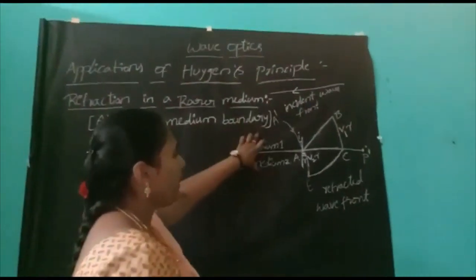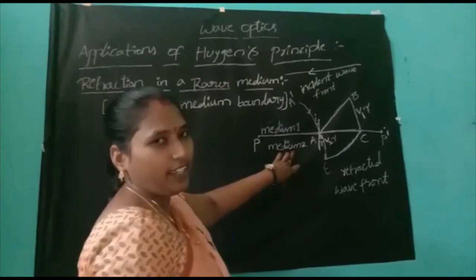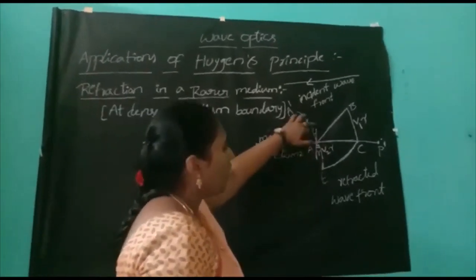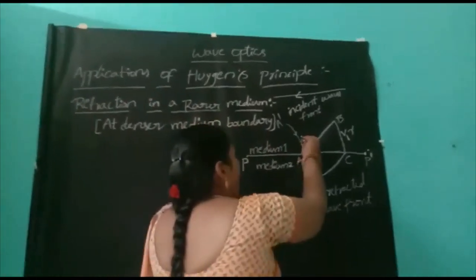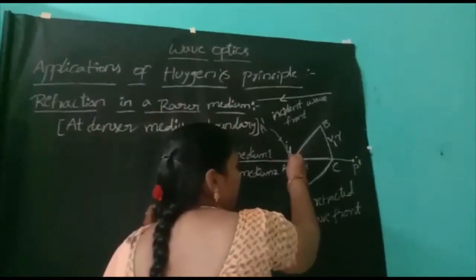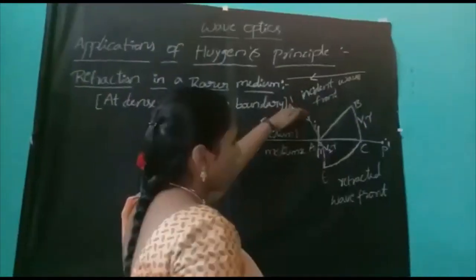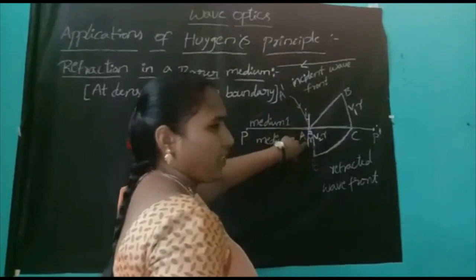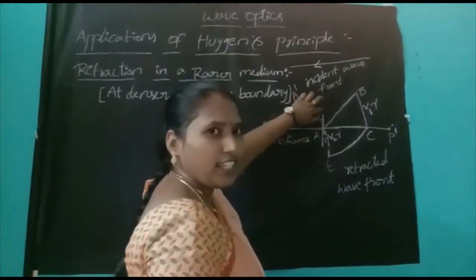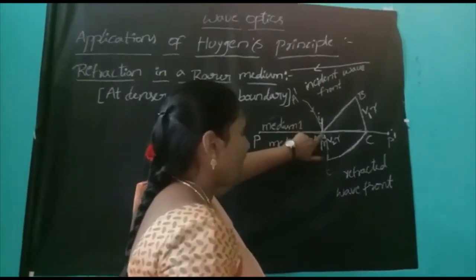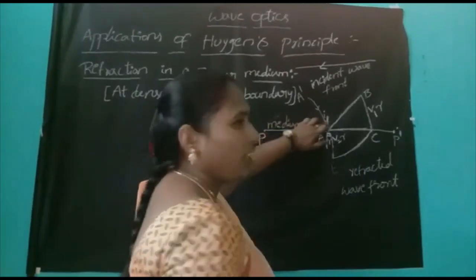The light ray which comes out of the denser medium is called the emergent ray, and its angle is the emergent angle.